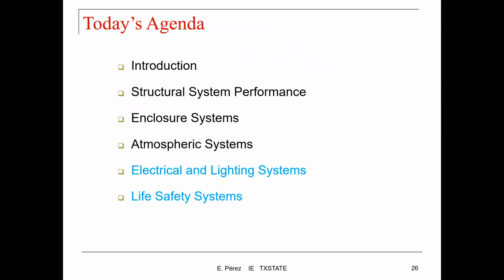In this lecture, we focused on the space requirements and layout requirements from a personnel perspective, and also the impact of facilities design and how to meet the needs of the people working in the facility. In this particular lecture, we focused on the electrical and lighting systems and also on the life safety systems.